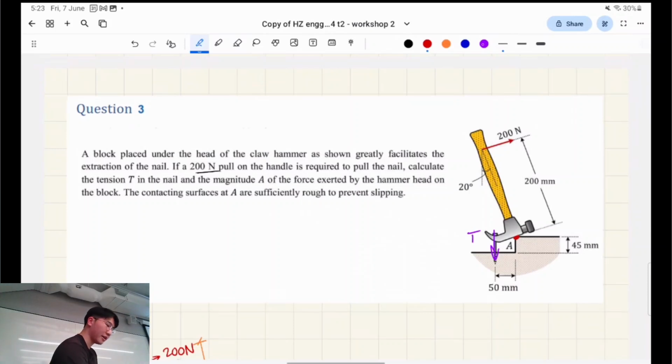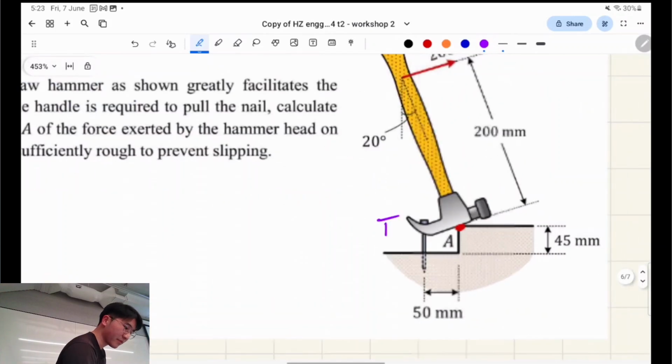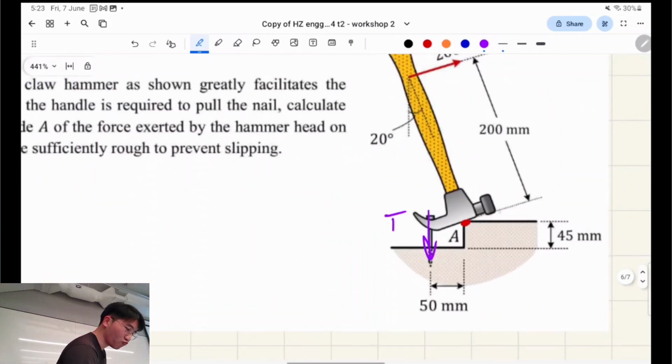Okay, so if it resists translation, wait, sorry, did you say translation? Sorry, I don't mean to put you on the spot, but could you say that a bit louder? Horizontal translation that way?